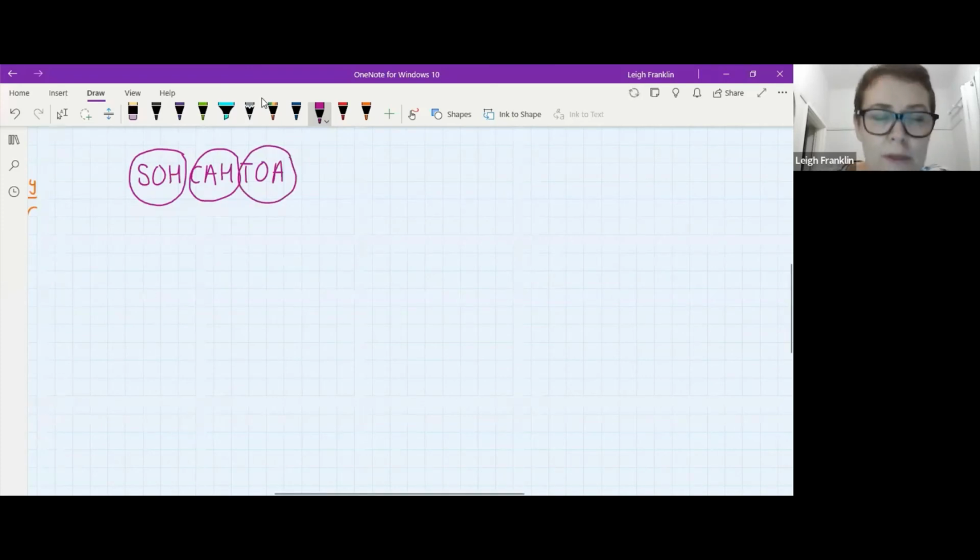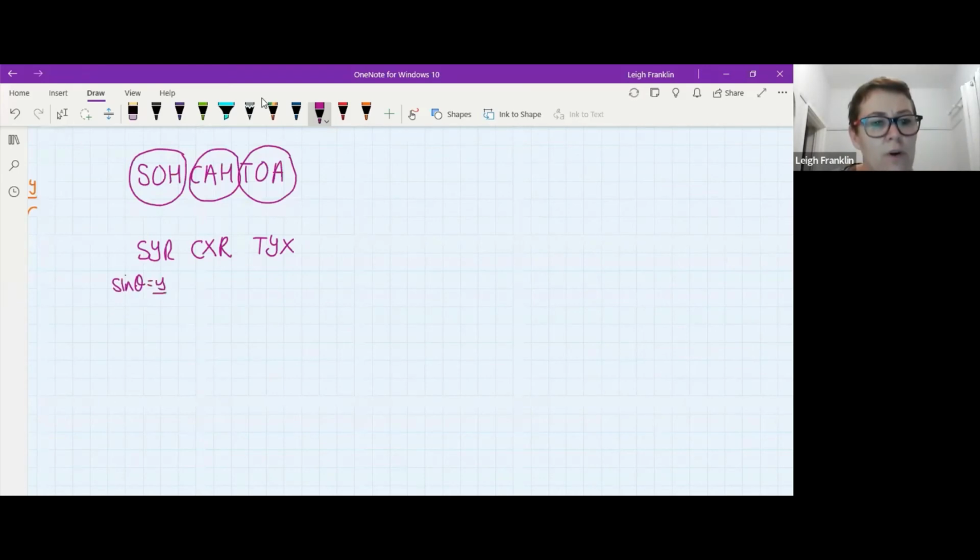But there's another one you can also work with: SYR, CXR, TYX. So sine theta is y over r, cos theta is x over r, and tan theta is y over x.